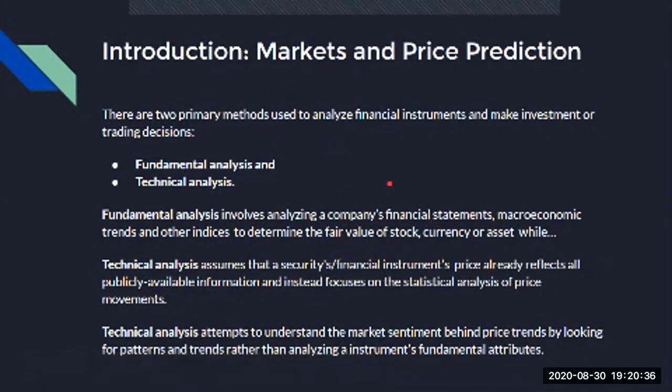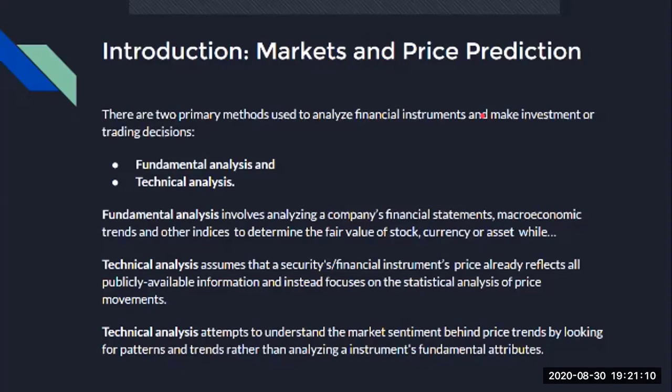Okay, introduction. Basically, we'll talk about markets and price prediction. Markets are basically any location, whether physical or virtual, where people meet to exchange goods and services and money. In financial markets, we have 2 methods which we use to analyze financial instruments.